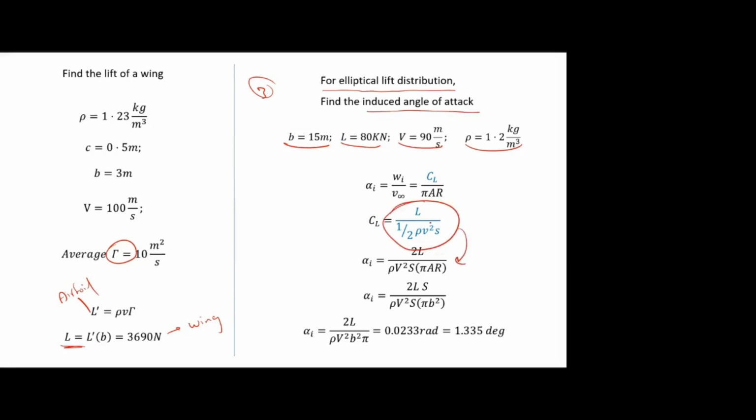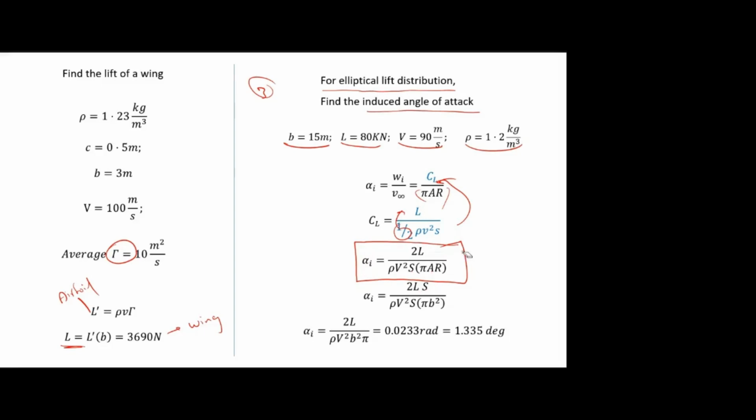Now here itself you can substitute the values, lift value, density, everything, and finally you may get some numerical value divided by S. Okay, if you want you can substitute here itself, but here what they are doing is substituting CL here, so we are getting this equation. Okay, 2L, that is half. If we take it to the numerator, it will be 2L divided by rho V square S into pi AR. So finally we got this alpha i.